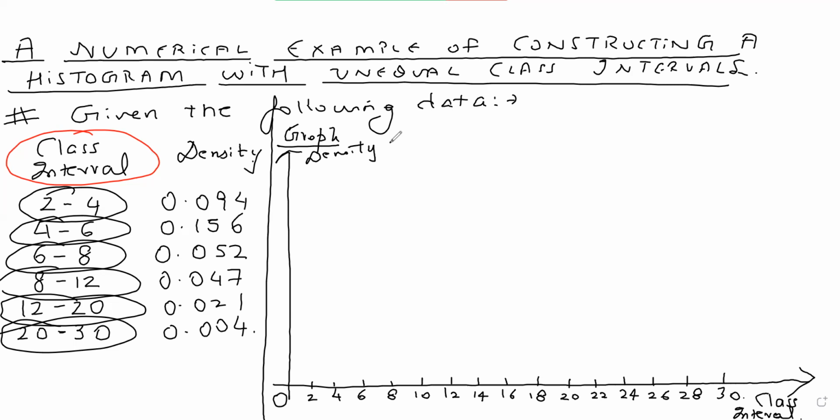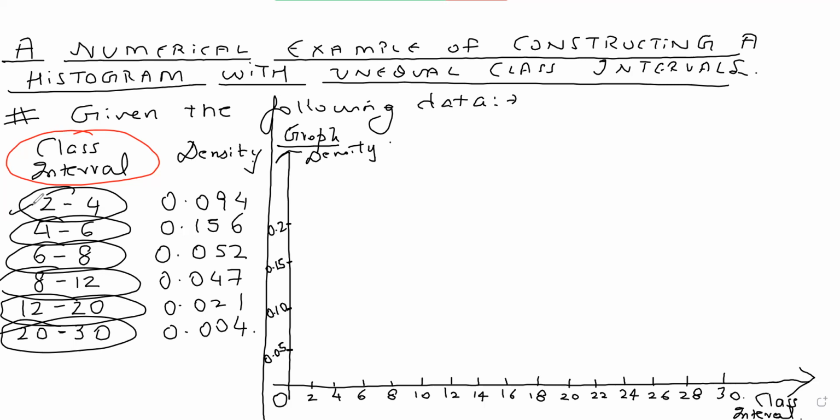So let's take a 1 centimeter gap as 0.05. Then we have 0.10, then 0.15, and then 0.2. So 1 centimeter on the vertical axis represents 0.05. I'm adding 0.05 every time.